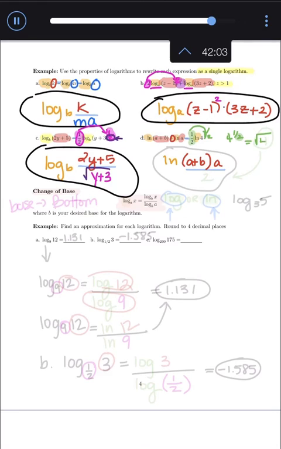So this will be the square root of 4. Well, what's the square root of 4? It's just a 2. So what ends up going on the bottom is just that 2. So our final answer is the natural log of the a plus b times the a on top over what we got for the square root of 4, which was 2.